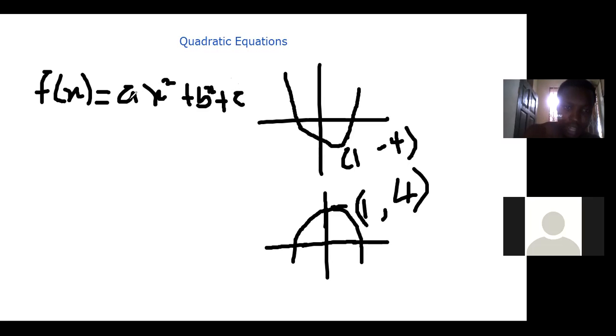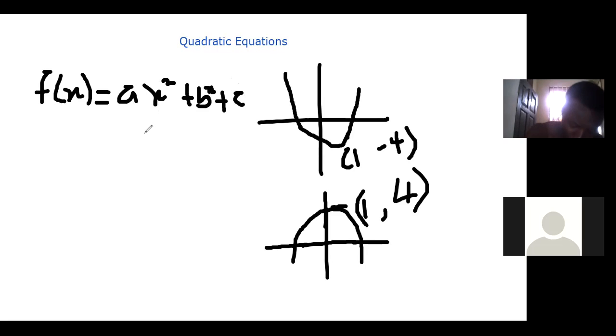So when the coefficient of this x squared is positive, that is, greater than 0, then the function will give a minimum point. However, when the coefficient a is less than 0, then the function will give us a maximum point.